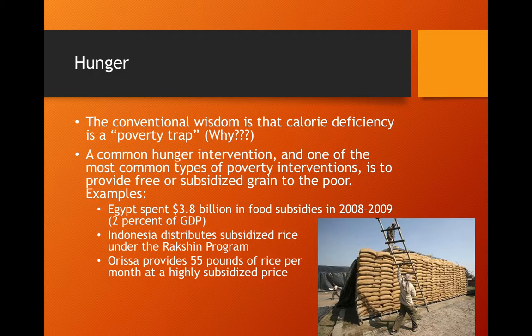So Banerjee and Duflo really go after this conventional wisdom that there's some kind of calorie deficiency that is a poverty trap. This conventional wisdom is basically that you need a certain number of calories in order to work productively, right?